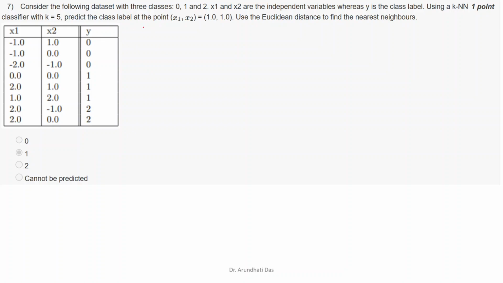So let me extend this particular table with the Euclidean distance value. What is the formula of Euclidean distance? Suppose I consider a 2D feature space, because two feature values are given as well as two feature values in the data set.